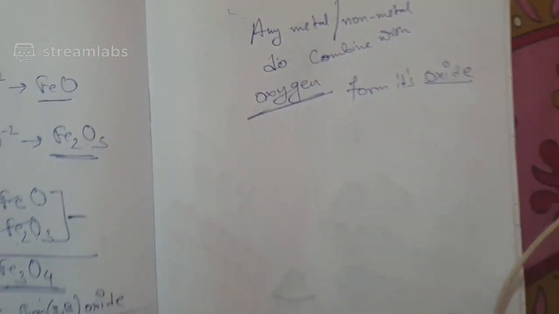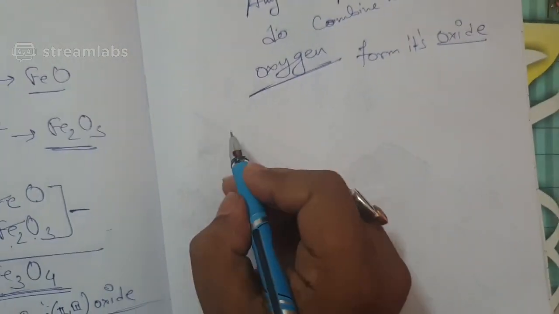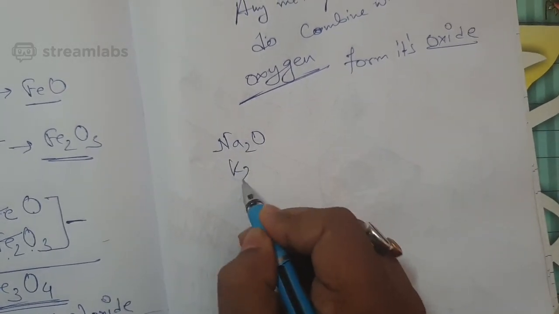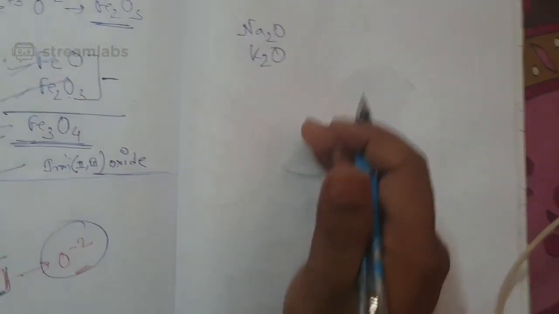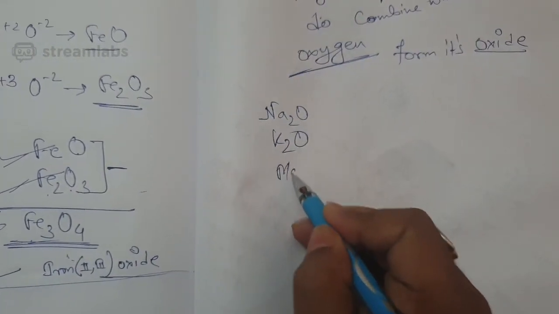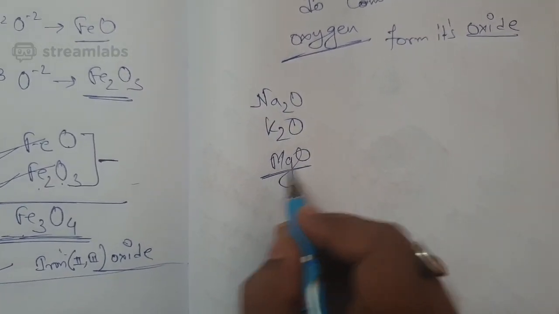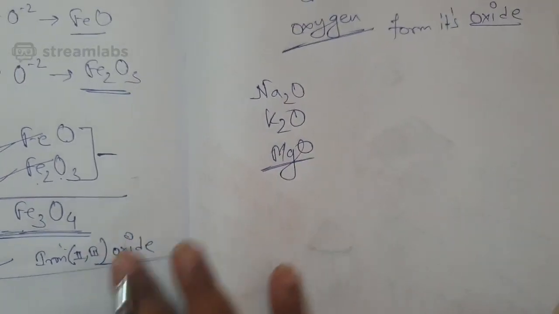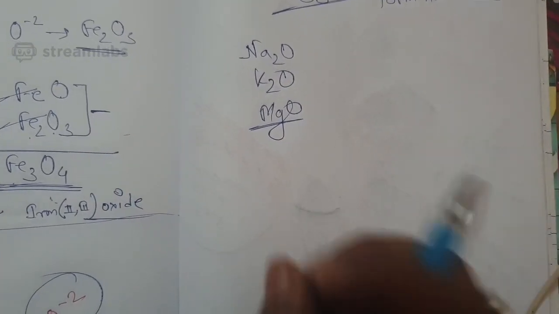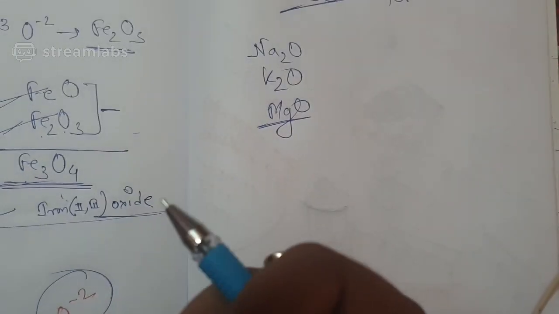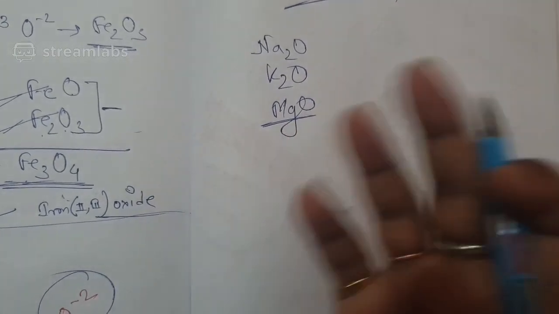Suppose for example, in the case of metals, Na combines with oxygen to form Na2O, K combines to form K2O, then Mg combines to form MgO. All the metals combine with oxygen to form their oxide, either very slowly or very vigorously, or taking years after years, months after months.